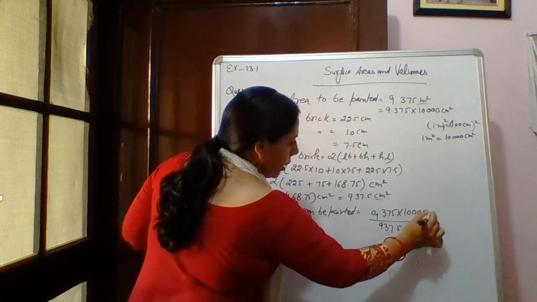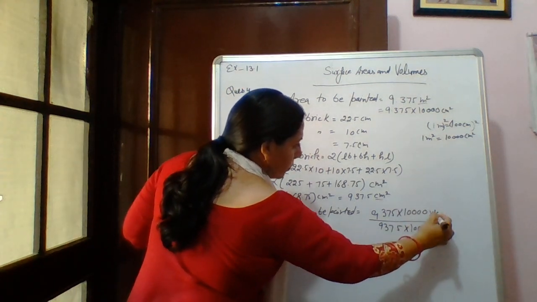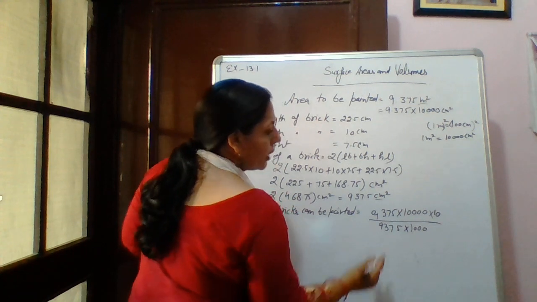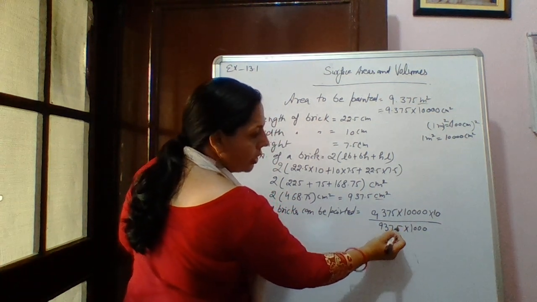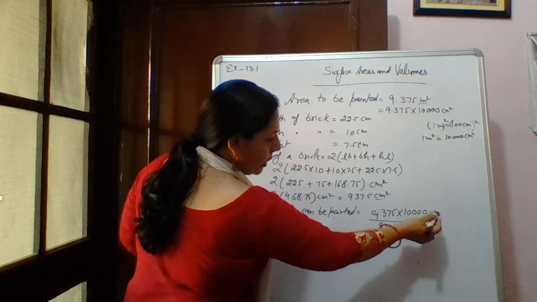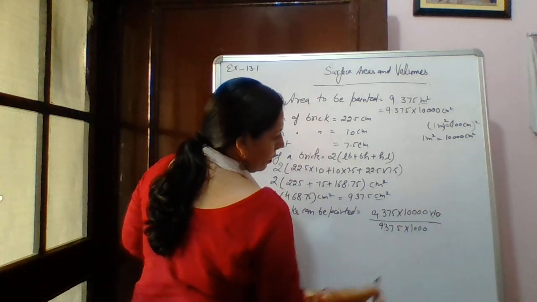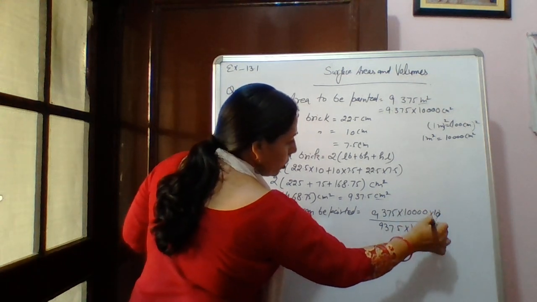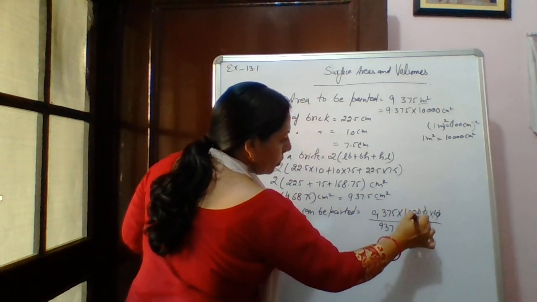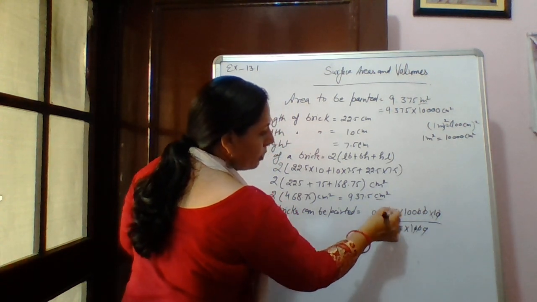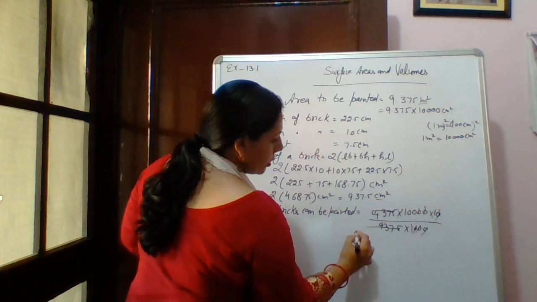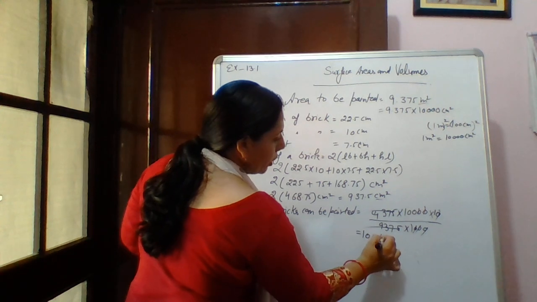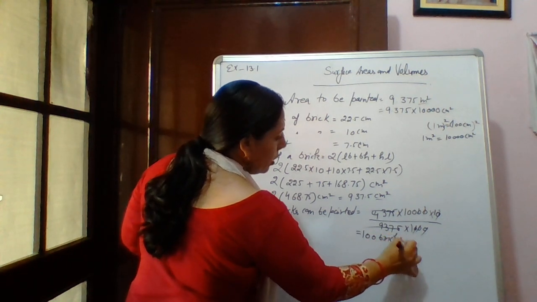In the same way, this will multiply with 10 because only one place is there, so at the place of decimal 1 you will take, one digit is there, 1 zero will be there. Now cut the zeros, 1, 2, 3, and this is the same number. So what is left, students? 100 bricks. This is your answer.